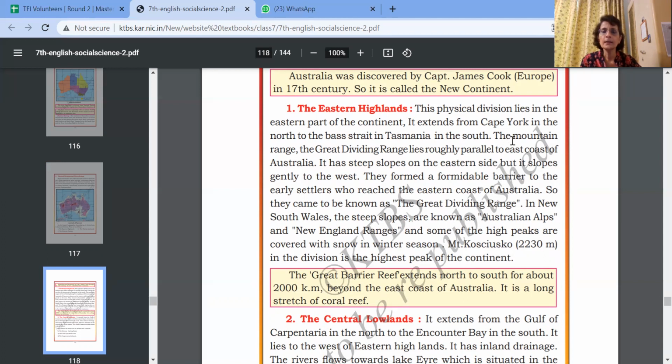Then you can mark the mountain range. The second point you mark is the mountain range. The Great Dividing Range lies roughly parallel to the east coast of Australia. So this is what you need to remember about this, and it has steep slopes on the eastern side, but it slopes gently to the west.